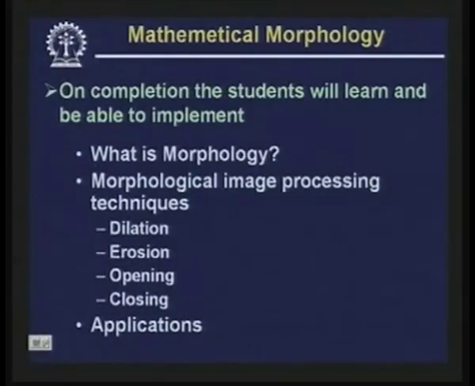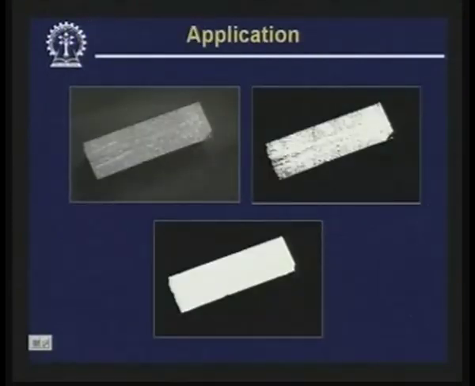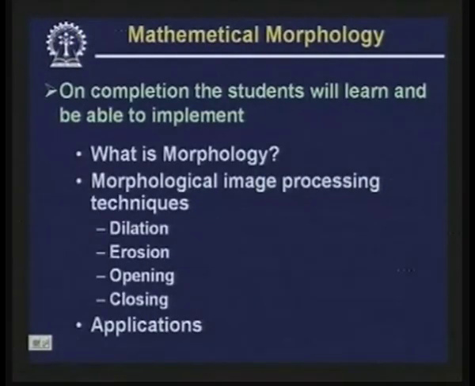Firstly, let us see what is morphology. Morphology is a term which is widely used in the field of biology, and it discusses the shape and structure of different animals, different plants and so on.